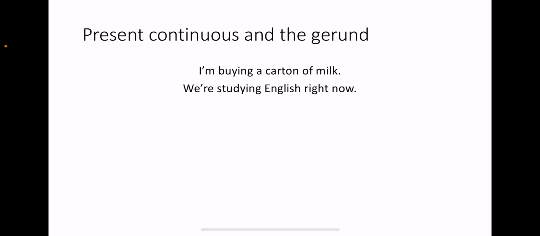So I'm buying a carton of milk. We're studying English right now. Remember that the present continuous, the progressive forms, indicate actions that are occurring at the moment of speaking, or that they are occurring during a period of time. They are in progression. They continue occurring.